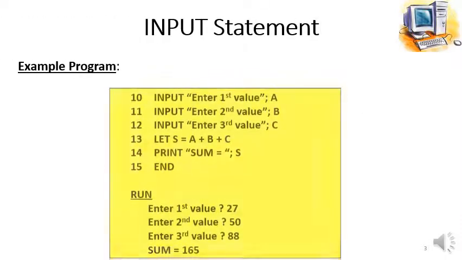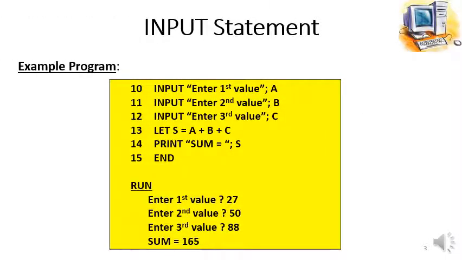Here we have an example which is given in your book. You can see that the first statement says input enter first value, and the value will be stored inside the variable a. The second statement says input enter second value, it will be stored in variable b, and then the third value will be stored in c. Then we declared a variable s.